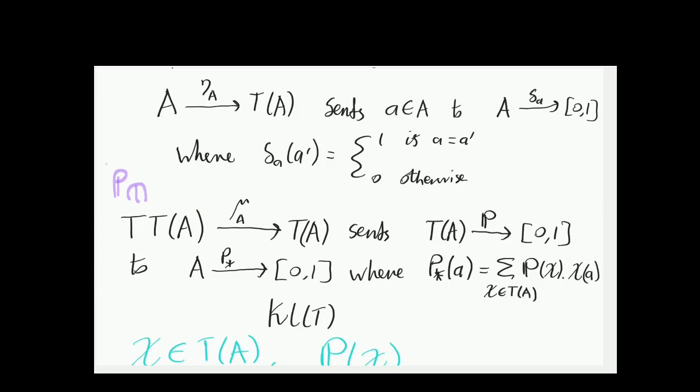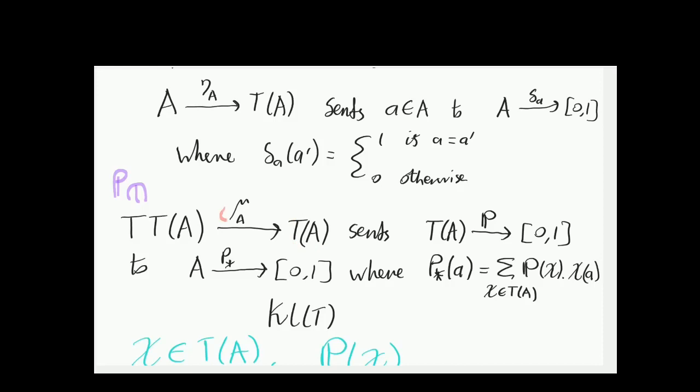Well, let's take an example element here of T of T of A. So we'll call this script P. So script P is a probability distribution over probability distributions. So script P sends every probability distribution, as in every element of T of A, to a probability. And mu of A is going to map script P here to some probability distribution over A.